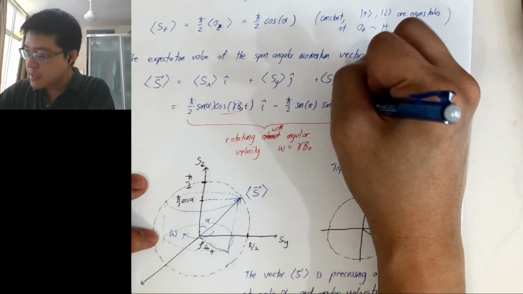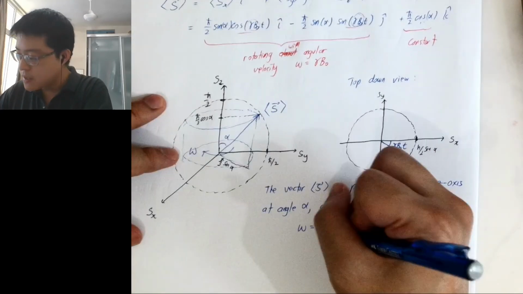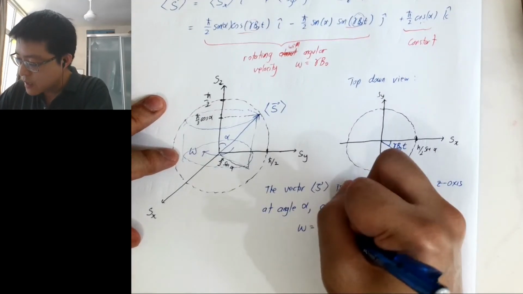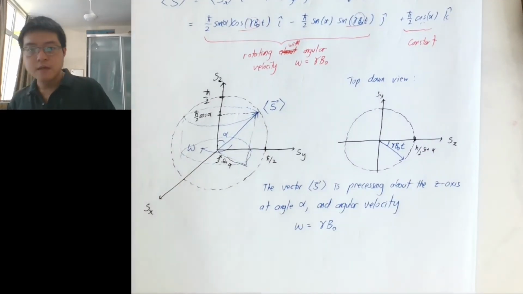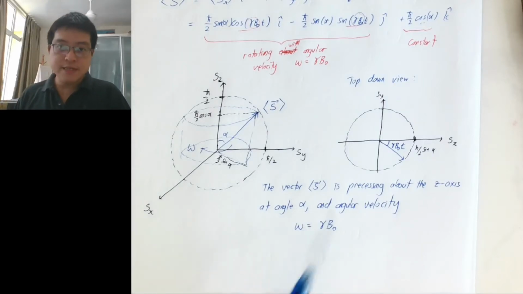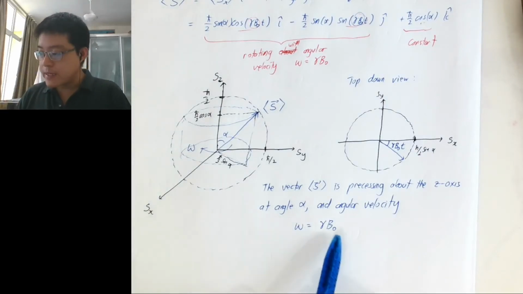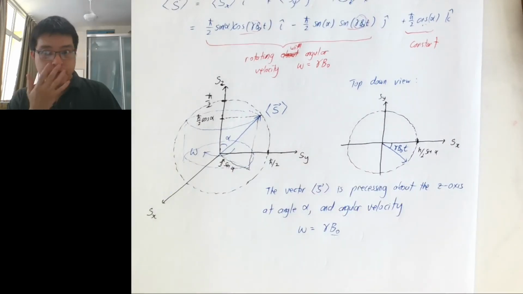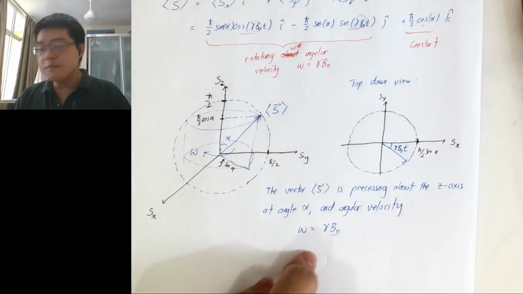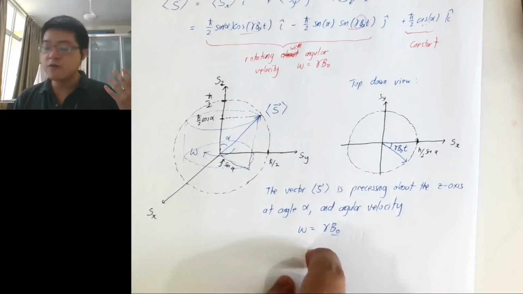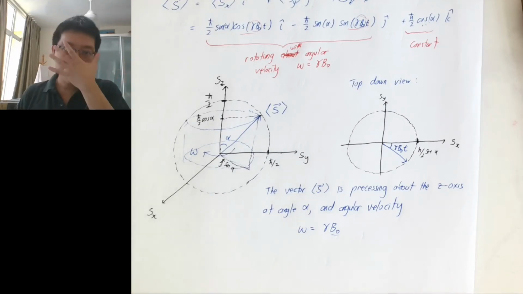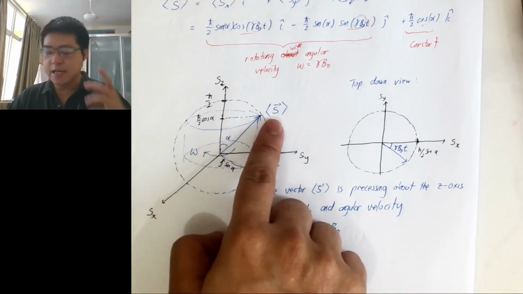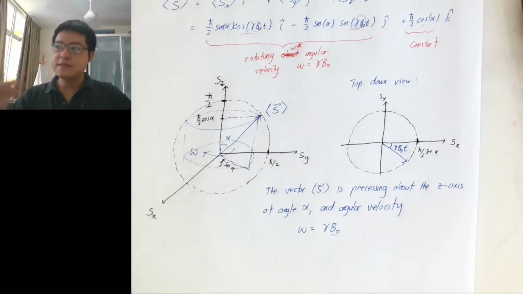See, the coefficient of t is our angular velocity, so it's gamma b0. Okay, so this angular velocity is something that can be measured, and this b0 is something that you can control in your experiment. So this is one possible experiment to measure the gyromagnetic ratio of a particle, if you can measure the expectation value and see how fast it precesses.